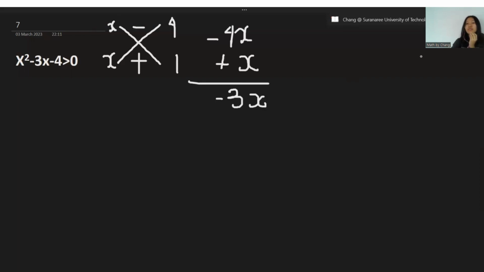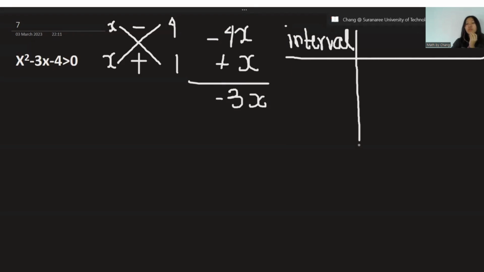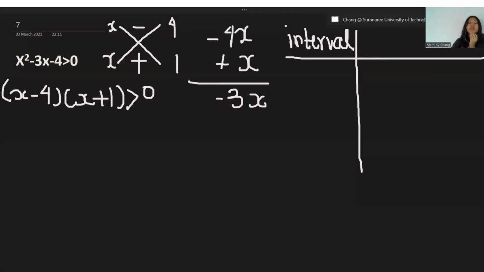Okay, so let's draw the curve again, the interval here. And also here, you have to write this as x minus 4, x plus 1, greater than 0, right?